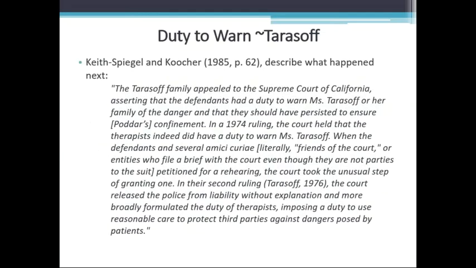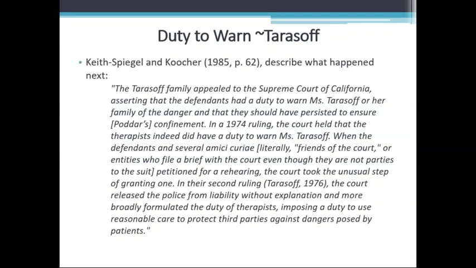But following that, the family of the victim appealed to the Supreme Court of California, asserting that the defendant had a duty to warn Ms. Tarasoff. So they felt like the therapist or the psychologist, the school, and the police all should have been required to warn Ms. Tarasoff, or her family at least, of the danger, and that they should have persisted to ensure his confinement.